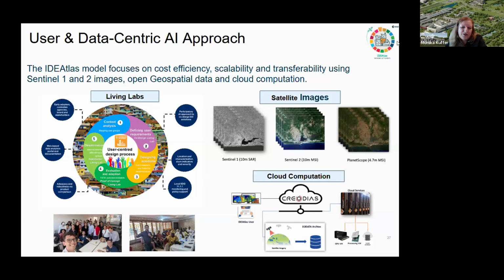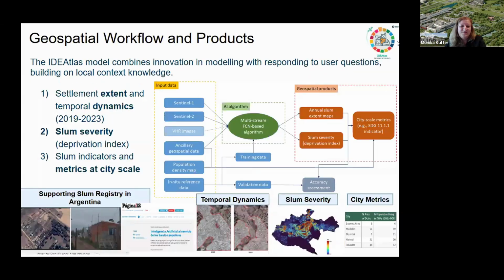We do this in an efficient cloud computation infrastructure, which is GeoDIAS, a European cloud computation infrastructure where you have all the images in the infrastructure. You can deploy your algorithms and simply run them over images, which is quite computationally efficient. Next, please. So what we in the end map are three major products, which are the settlement extent.